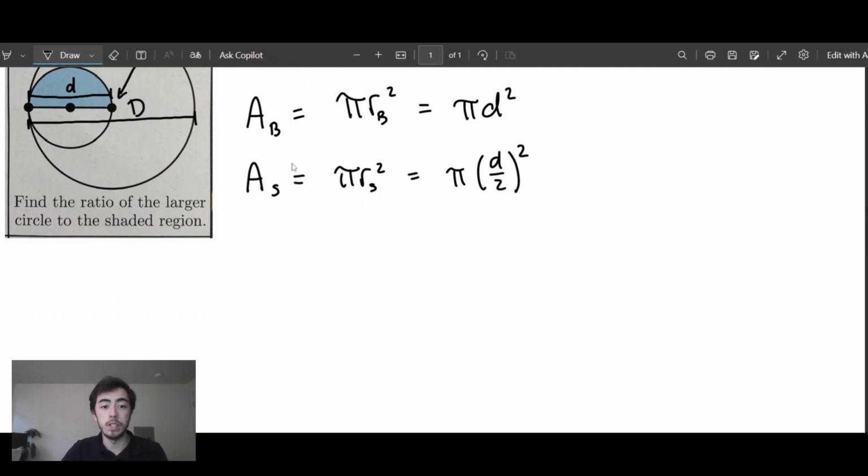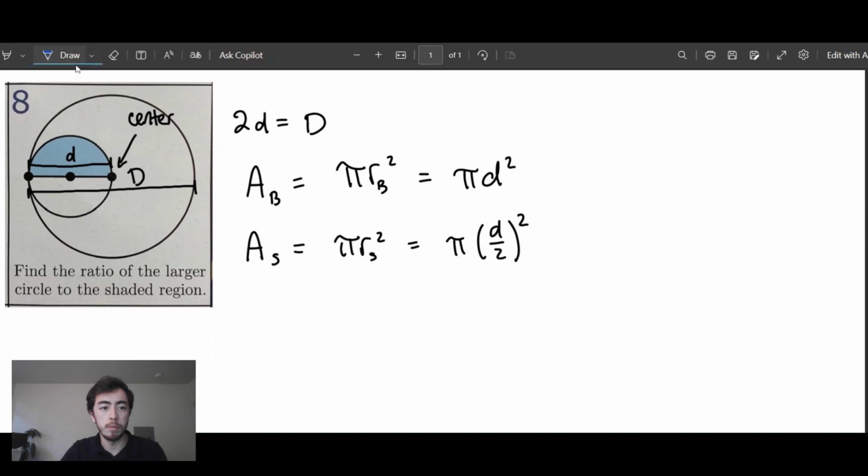So the shaded region is actually going to be half of the area of the small circle. So maybe I'll do X and I'll color it in blue just to match this color from over here. Let's say that X is going to be equal to half of the area of the small circle. And so that will be half of pi times little d over 2 squared.